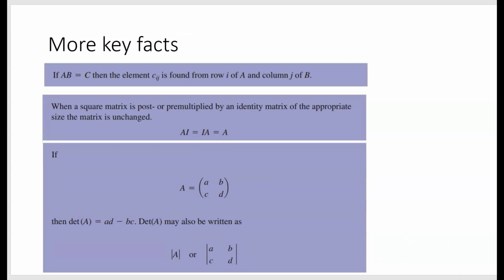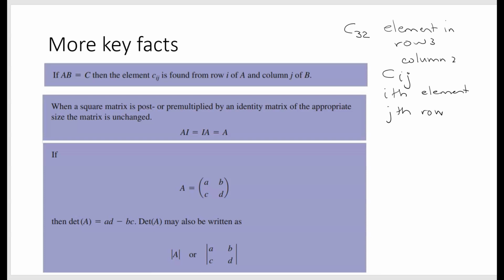Now, we need to be able to identify a particular element. If we talk about C32, it means the element in row 3 and column 2, and in general terms it's the element in the ith row and jth column, so if we were talking about Cij, that's what we'd mean.